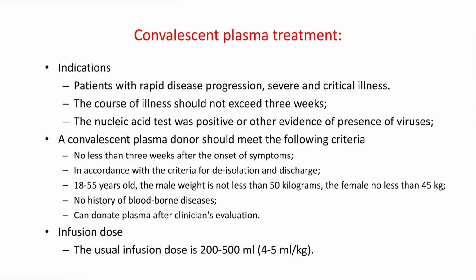Convalescent plasma treatment has been confirmed to be effective in severe patients in the early stage. So the indication for the convalescent plasma treatment includes patients with rapid disease progression or severe or critical disease. And the convalescent plasma donor should meet the following criteria, including no less than 3 weeks after the onset of disease, in accordance with criteria for the isolation and discharge, and age from 18 to 55 years old.